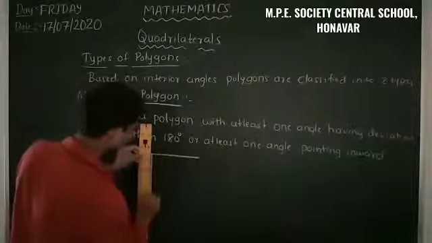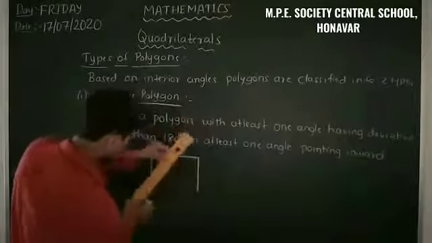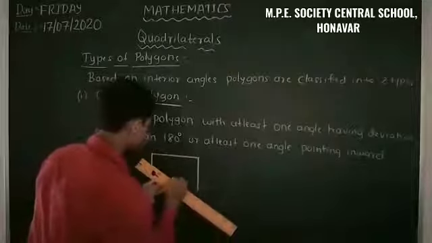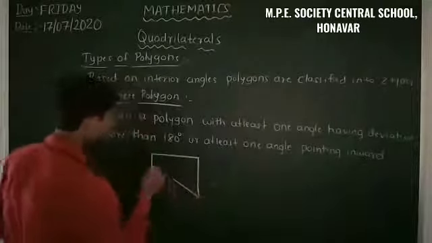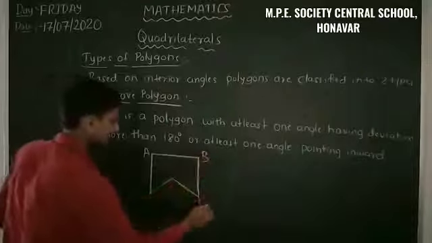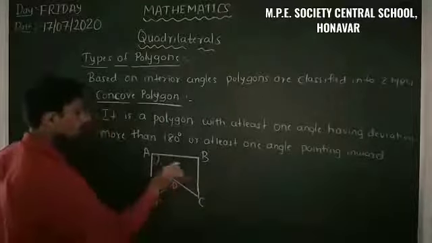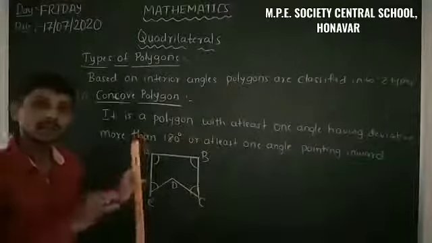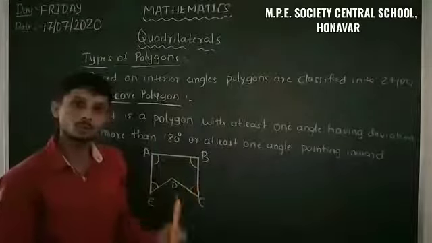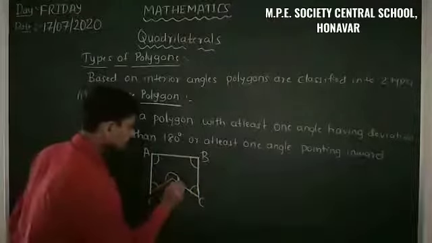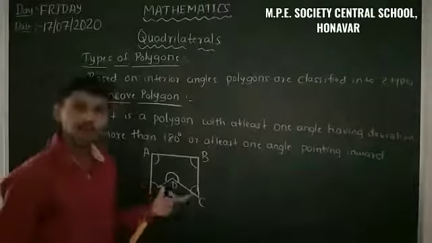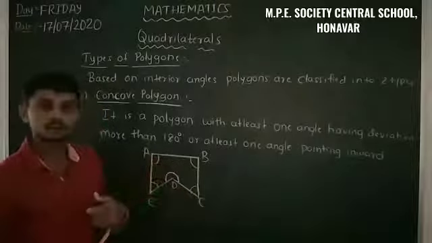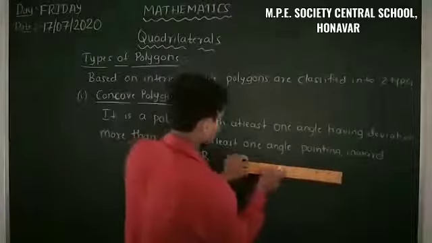Firstly, I will take the pentagon here, A, B. These angles are pointing outward and not more than 180 degrees, but this angle is more than 180 degrees and pointing inward. That means it is a concave polygon. We can take any other example.